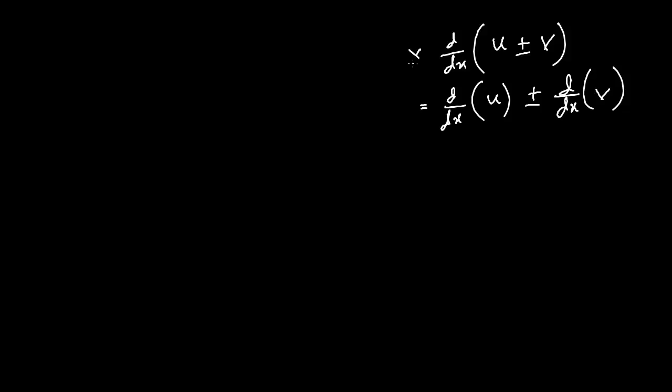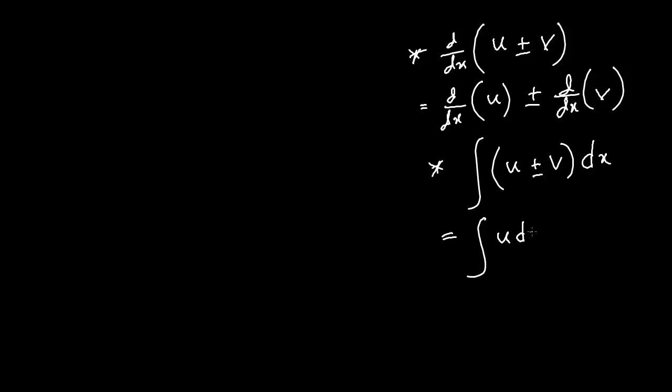So that means if you have integration of u plus v or u minus v, then we can write it as integration of u dx plus or minus integration of v dx. So the integration of the sum of variables is the same as the individual integrations and their sum. That is known as the addition rule of calculus.